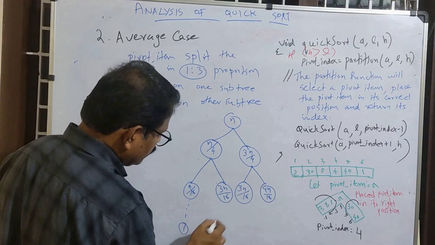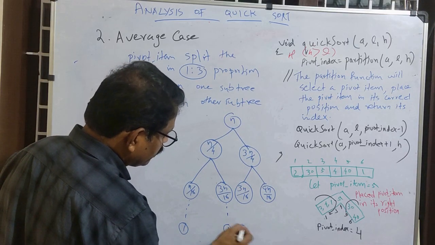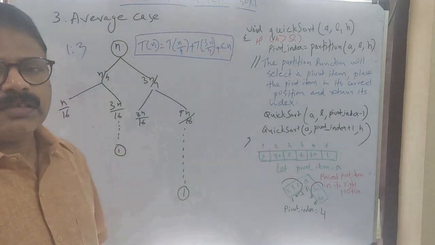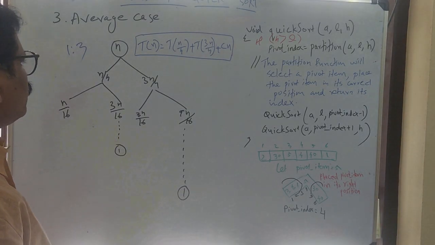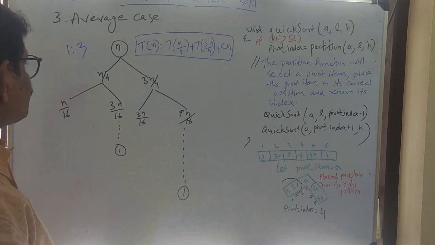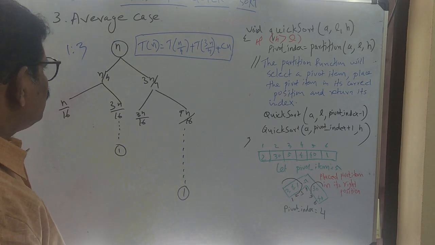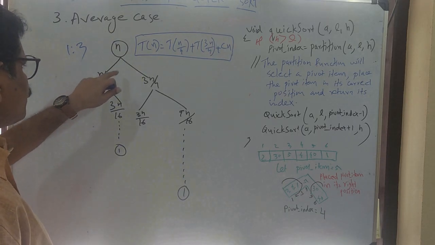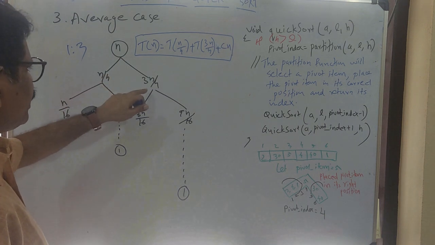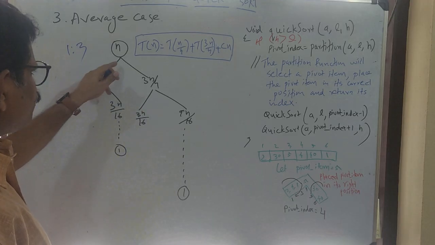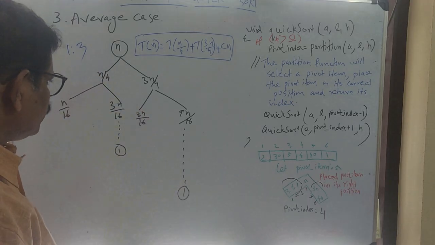Finally, we are discussing the average case analysis of quicksort. Here the array is divided in a proportion 1:3. N by 4 elements in one subtree, and the remaining elements, 3 into n by 4, on the other subtree.